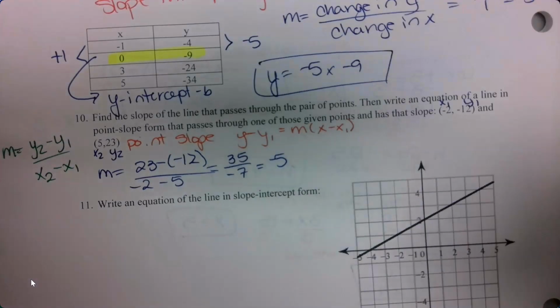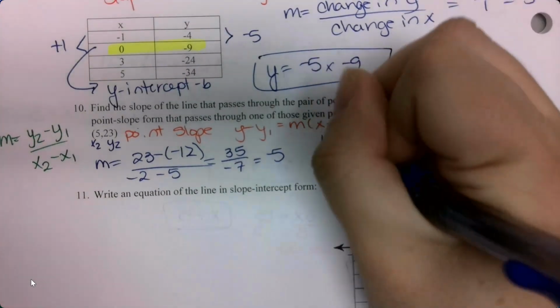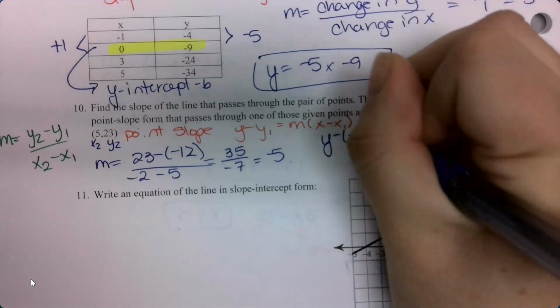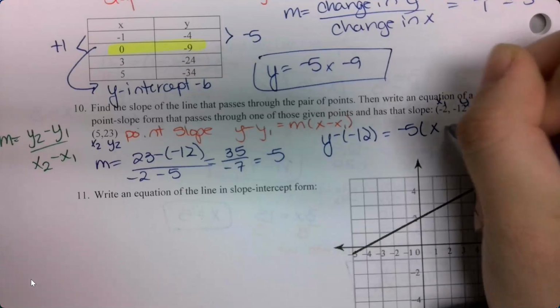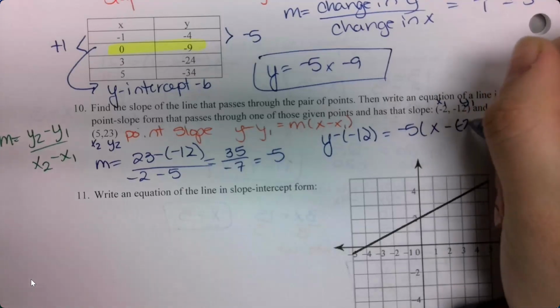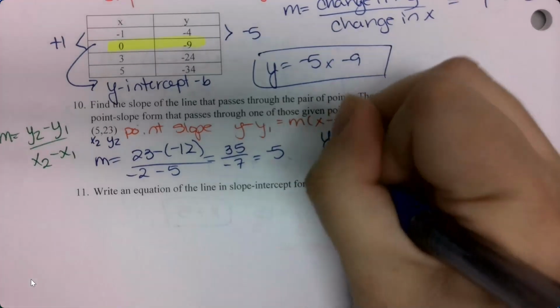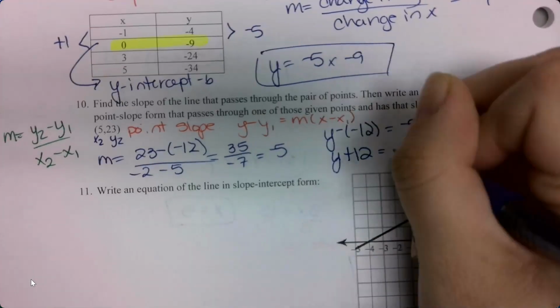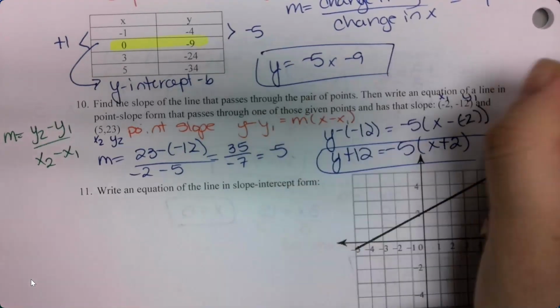So then I just want to plug back in. I already have my x1, y1 labeled, and now I have my m. So I have y minus, my y1 is negative 12. My m is negative 5. X minus my x1 is negative 2. I just want to go ahead and get rid of my double negatives. So I'm going to have y plus 12 equals negative 5, parentheses x plus 2.